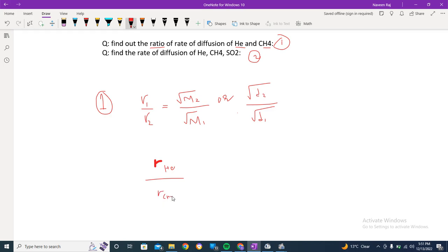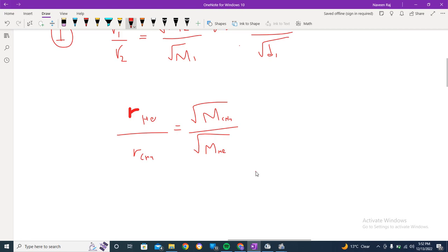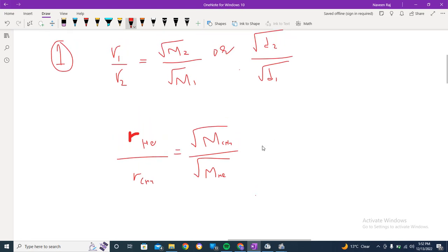When I put the values in the formula, I will get the mass of CH4 over the mass of helium. This is quite simple, right? I hope you have got how to do this.